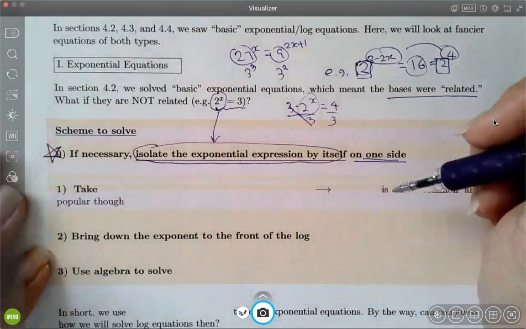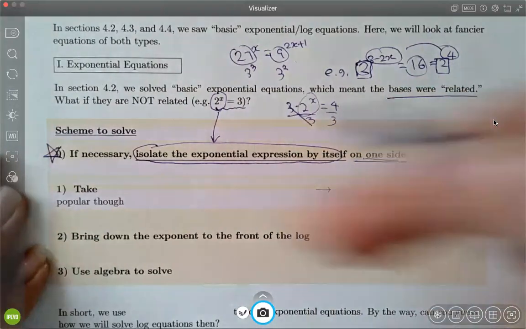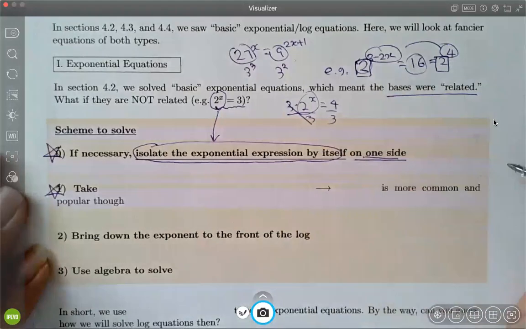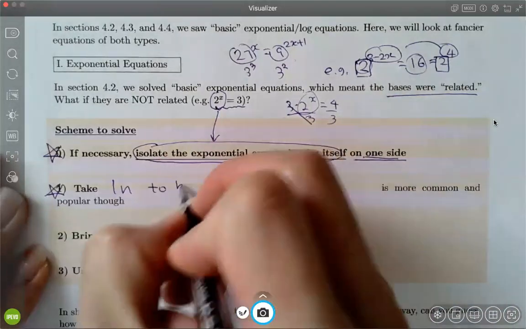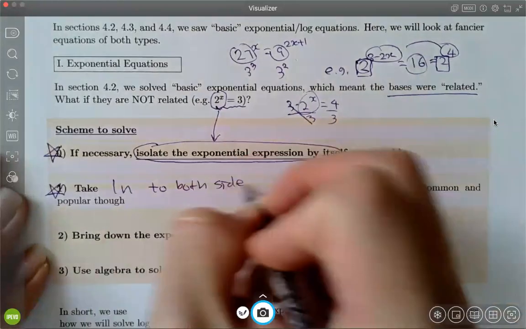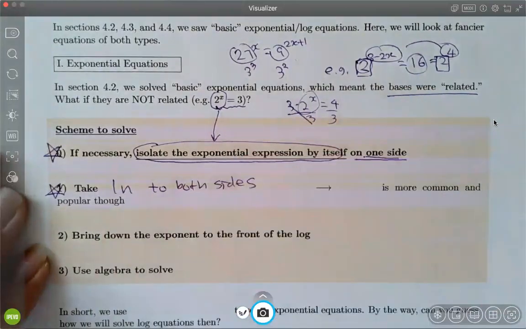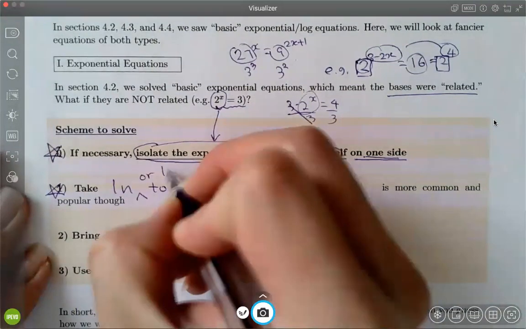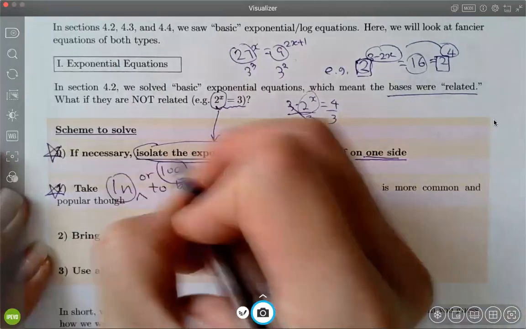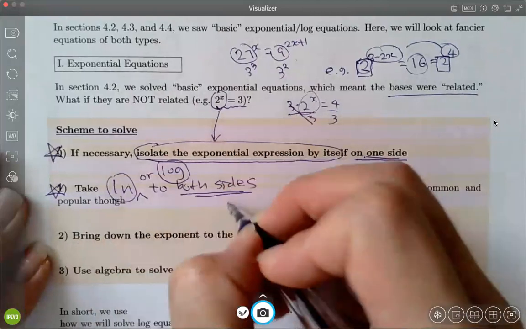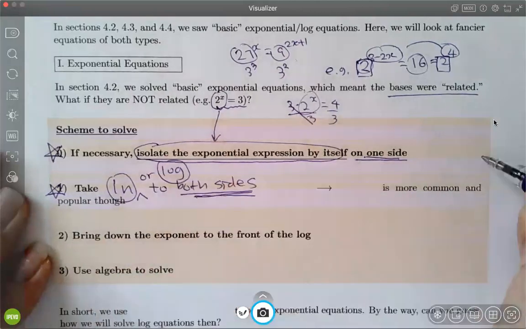Now, if you have that, you take the ln to both sides. Here, you can also take the common log. So you take ln or log to both sides. Now, which log is more common?